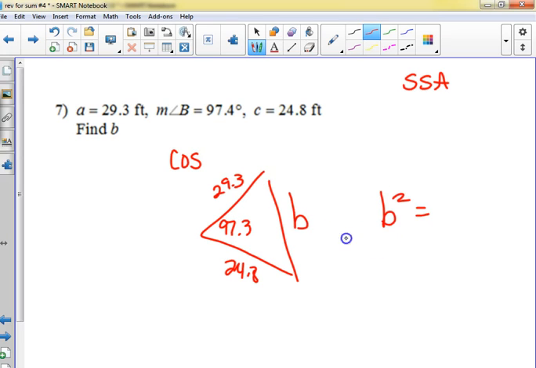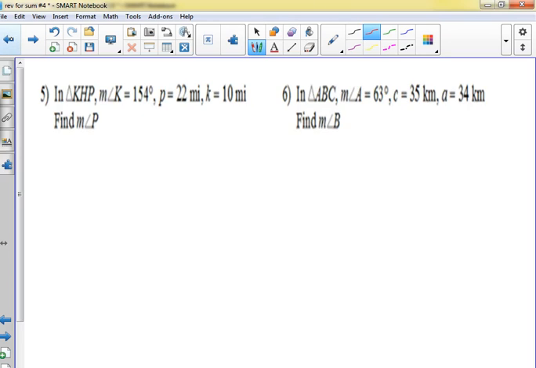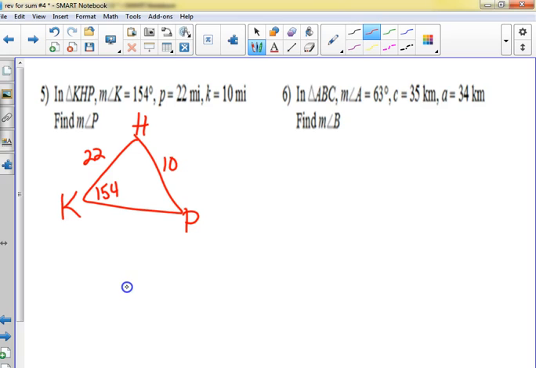She'll do B squared equals. Okay. I'm just looking for the right kind. One of these looks good. K, H, P. If I have a 154 here, 22 over here, and 10 here.